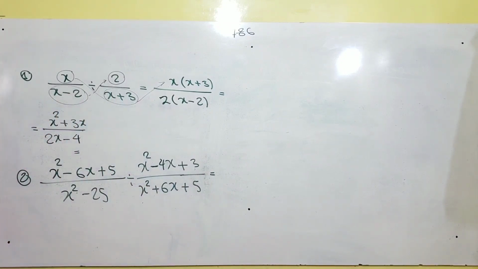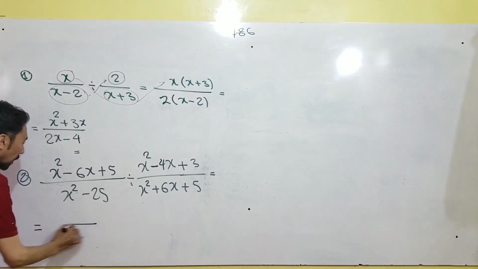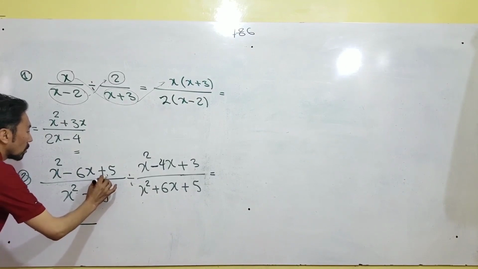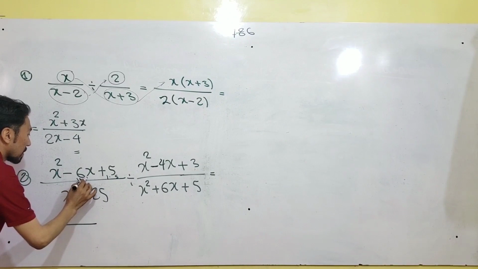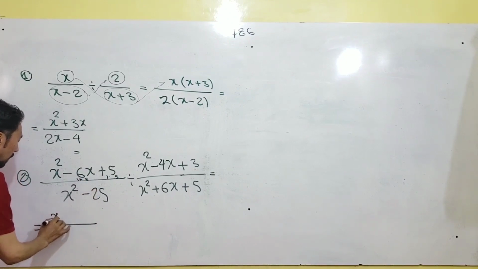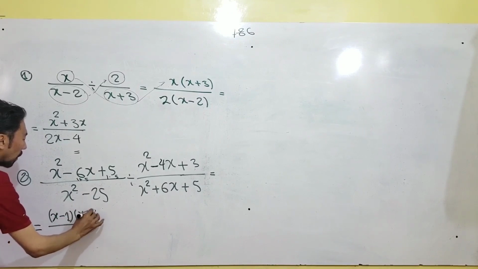First of all, we factorize every part of these fractions. The first and the second fraction we factorize. For example, we have here 1 multiplied by 5 is 5, 1 plus 5 is 6. So it factorizes to x minus 1 multiplied by x minus 5.